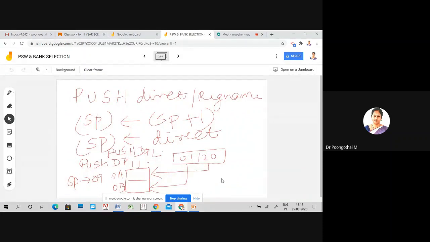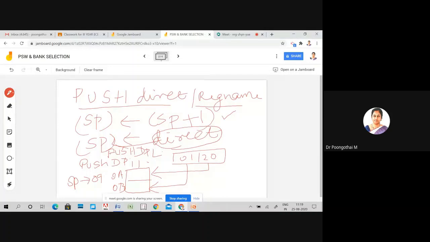So here the instruction, push direct or register name. So the first step after execution, your stack pointer is incremented by 1. That is the first step. And next, the content of internal RAM whose address is given in the instruction is moved to stack pointed by stack pointer.